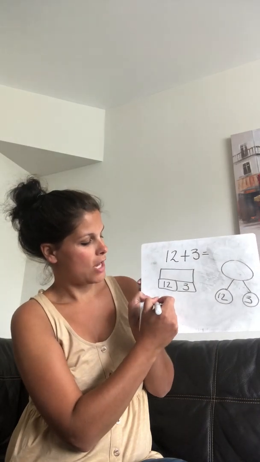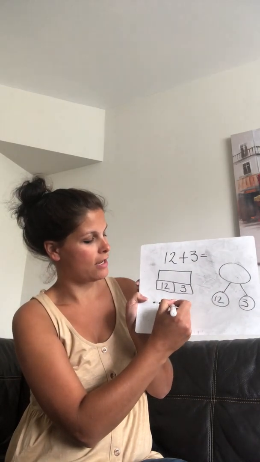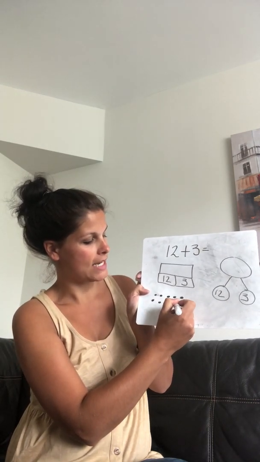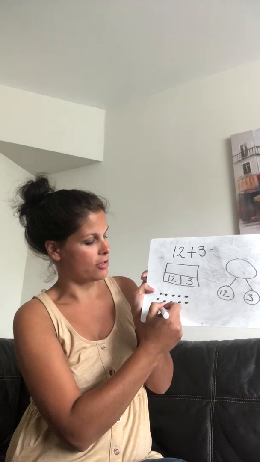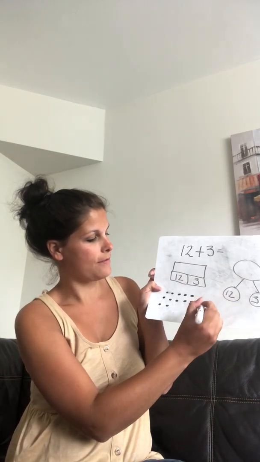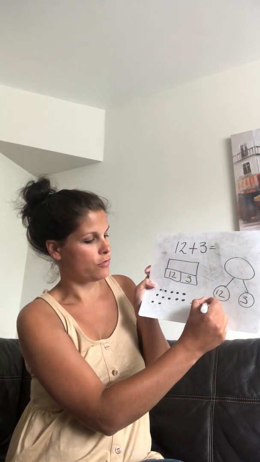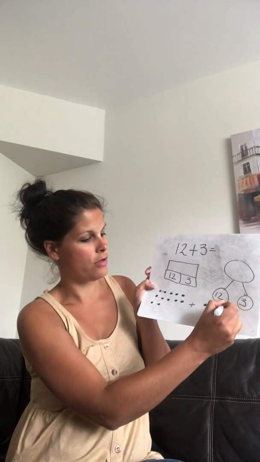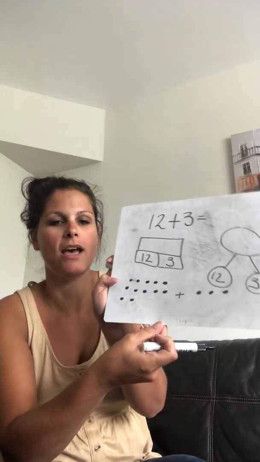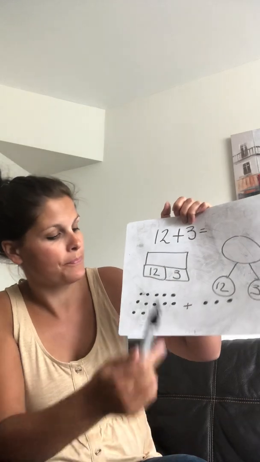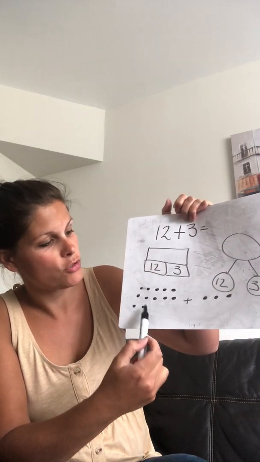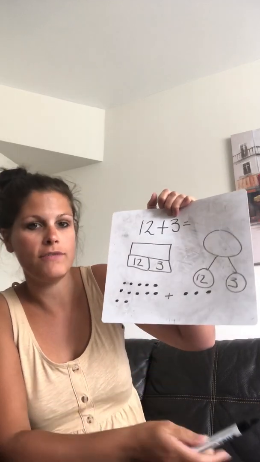So I'm going to start with 12. 1, 2, 3, 4, 5, 6, 7, going to add 3 more. So I'm going to do 3 over here. 1, 2, 3. And I'm going to add them all up. Now I'm going to count them all together to see what I have. 1, 2, 3, 4, 5, 6, 7, 8, 9, 10, 11, 12, 13, 14, 15.